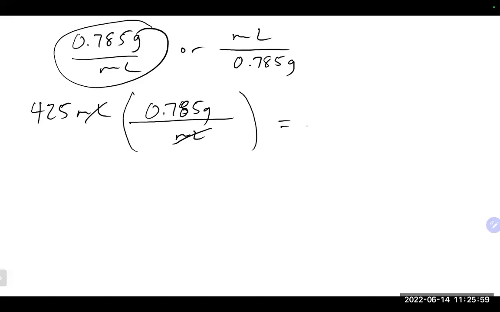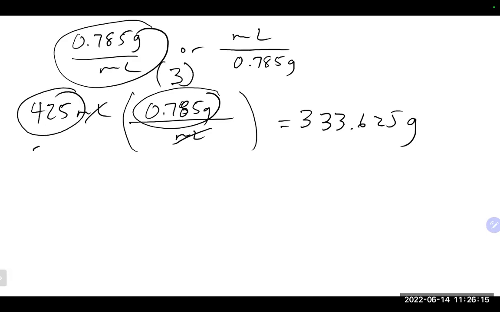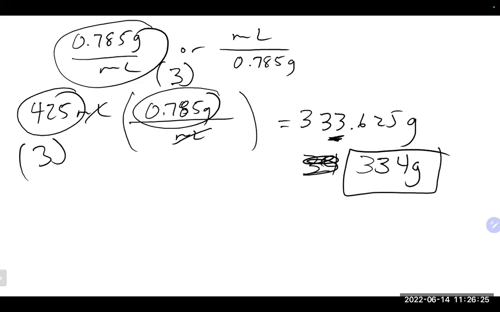Those cancel, and on our calculator we end up with 333.625 grams. Looking at sig figs, this is 3 sig figs and this is 3 sig figs, so we should end up at 334 grams. It would be our mass.